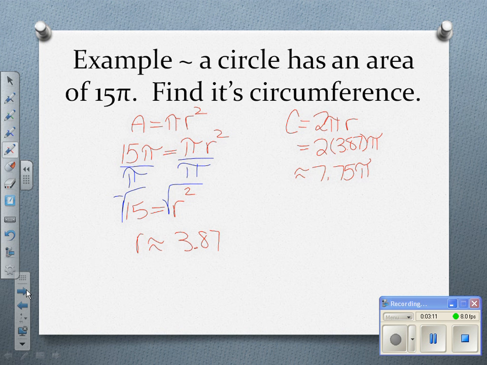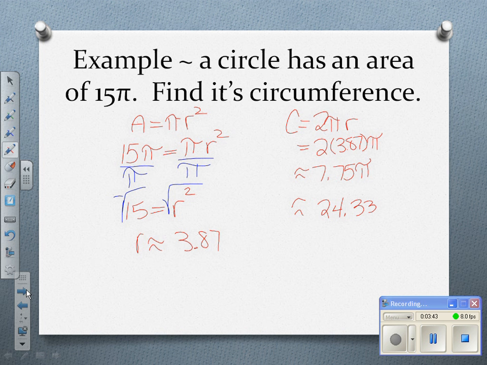If you wanted to know what the actual was, you could just multiply that by the pi, and we would get, what would we get? 24. So about 24 33/100. Okay.